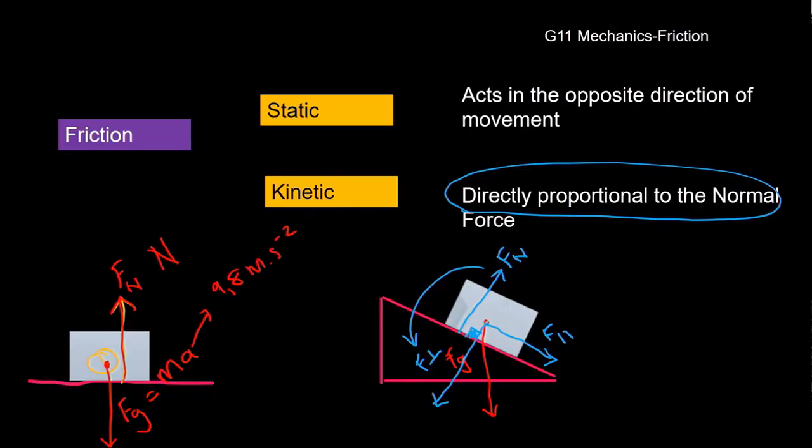If we change the normal force, we can change friction because they are directly proportional to each other. Have a look there. So the only way we can change frictional force is by changing the normal force. How can we change the normal force? We can change the normal force by placing an object on a slope. And that is why it is easier using an inclined plane to move heavy objects than to push them on the ground.